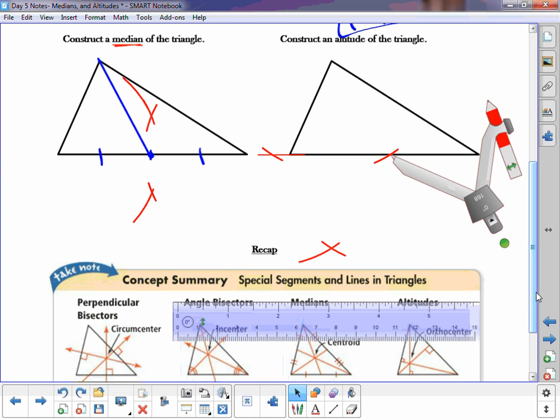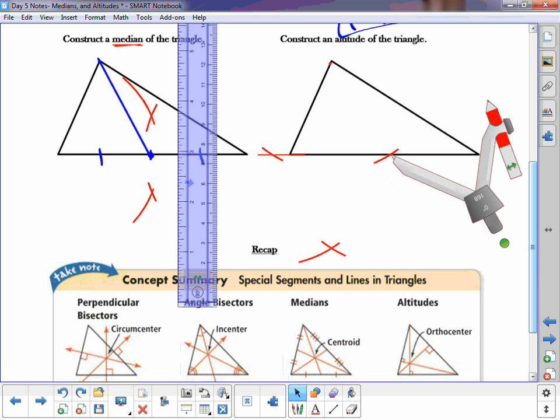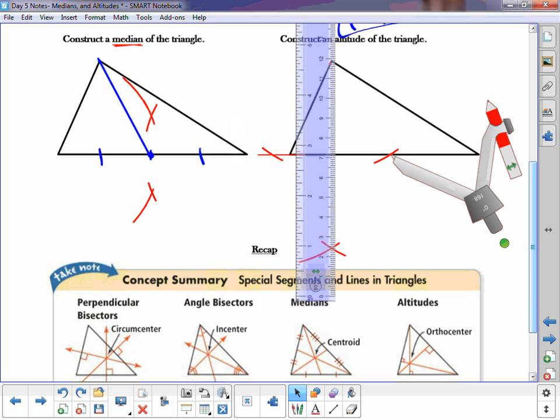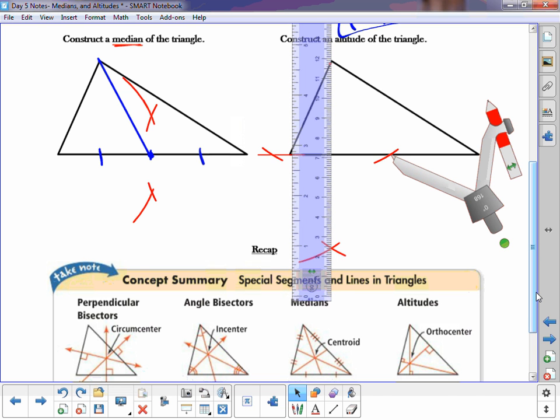Questions? Okay, so then our altitude is going to be connecting this vertex with this down here. Again, for our altitude, we only need it to go to the opposite side. So you don't have to draw in that entire way to the intersection. You can go ahead and stop at that opposite side.